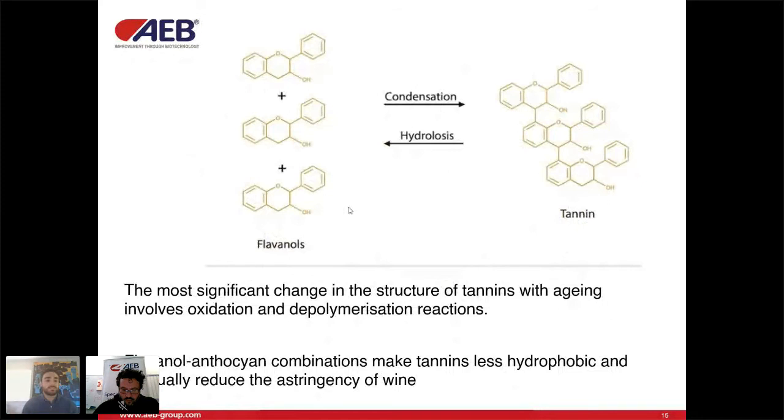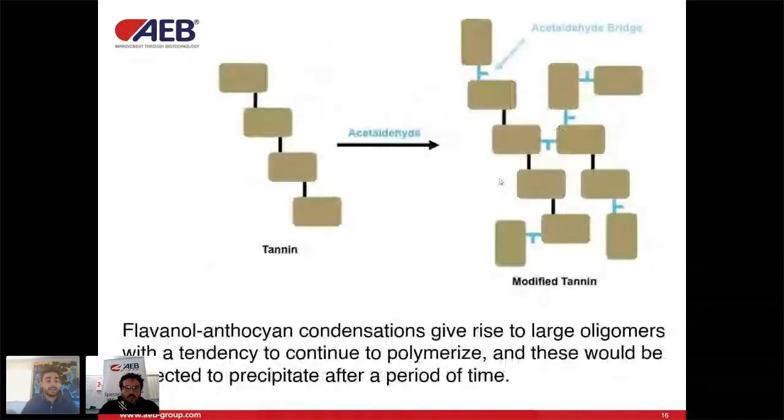So the change of structure in the tannins reduces the astringency, but also because of the aldehyde formation that we talked about before, aldehyde helps condense the tannins with each other, and when they reach a bigger molecular size, they can then precipitate out of your wine, again reducing the astringency and the bitterness of your wine.